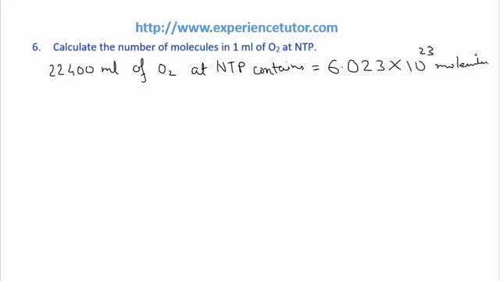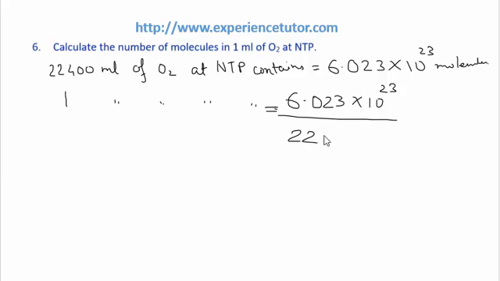So 1 ml will contain, by the unitary method we can find it out. 1 ml of O2 at NTP will contain 6.023 into 10 to the power 23 upon 22,400.